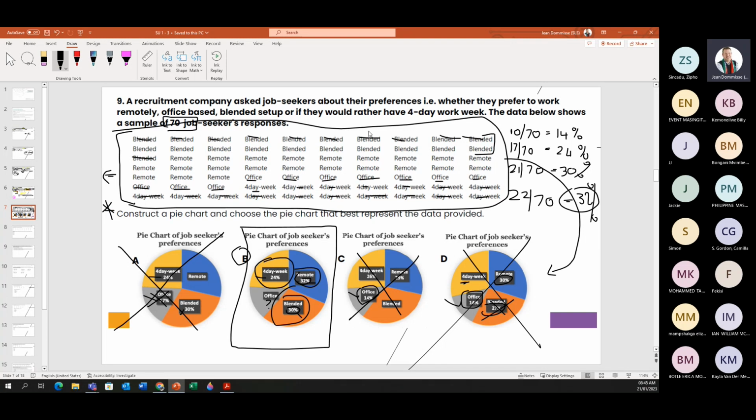So it might be that now office in another question is 20, and blended or 4-day is 11 or 12. How it will differ between the papers is the data set will be different, so your graphs will look different, but it will be the same question.